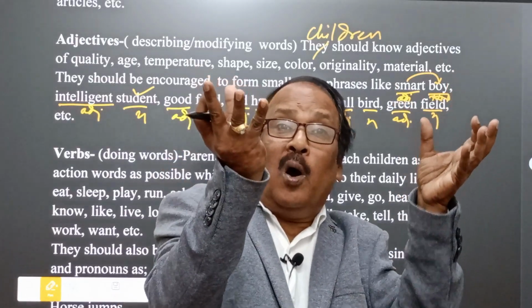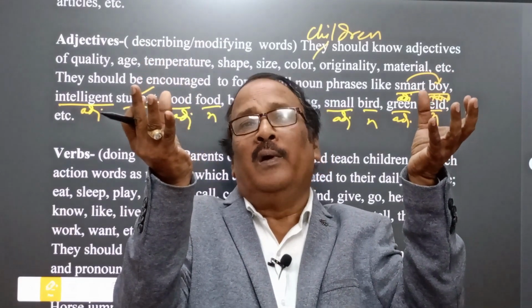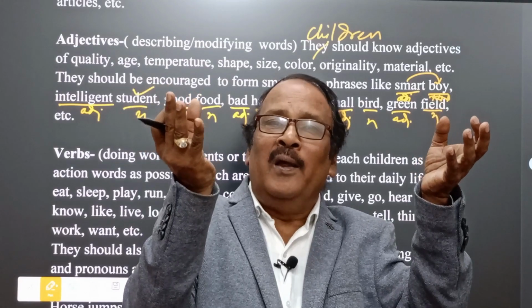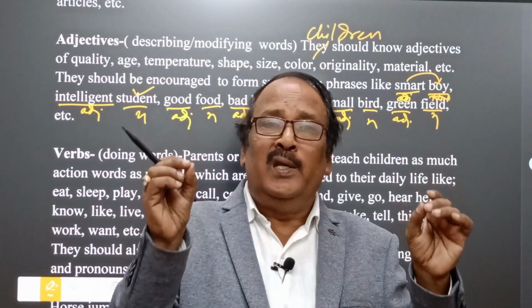These are verbs. You see, listen, therefore noun plays a very important role. Side by side, verb is another very, very important word, which is very essential and frequently used in our sentences.